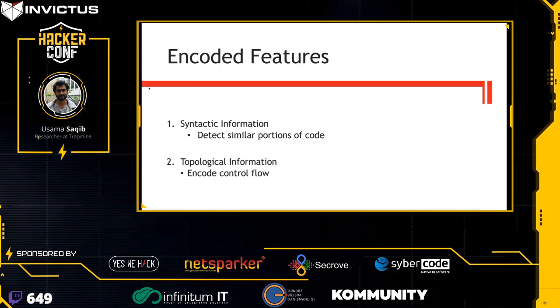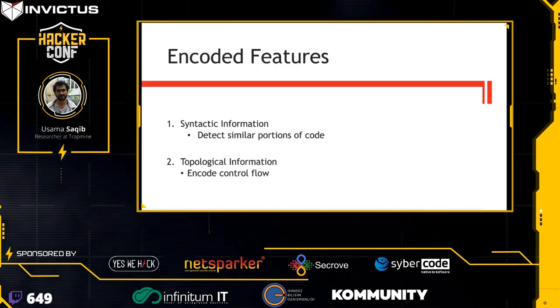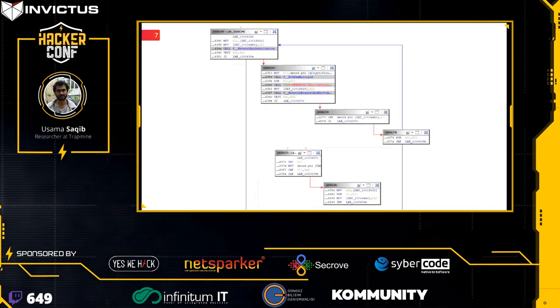This will help us identify similar portions of code. The second feature, and this is very important, that we want to encode is the topological information. This will basically encode the control flow of the program. This feature comes closest to encoding the logic of the program itself, since the control flow represents the information flow.